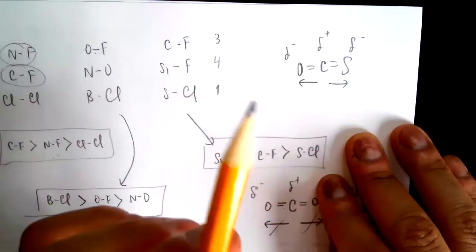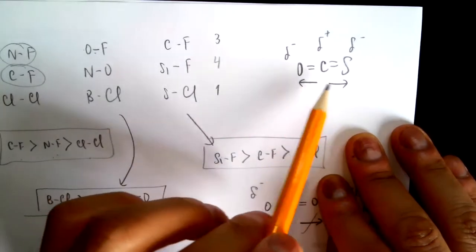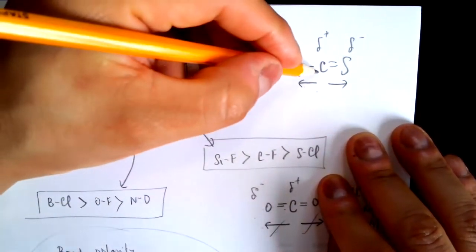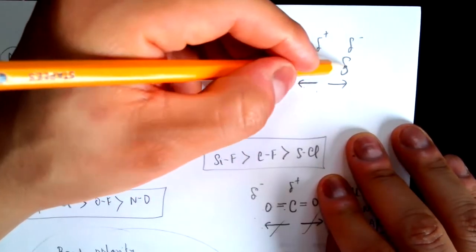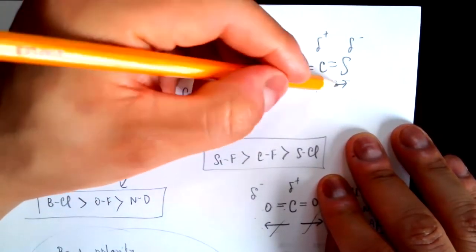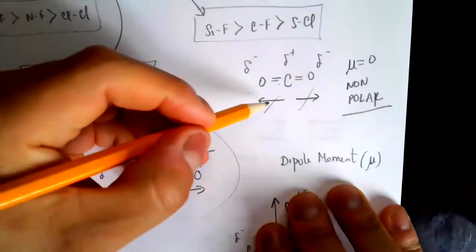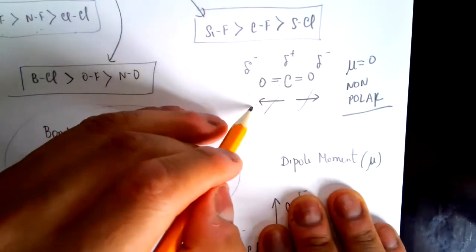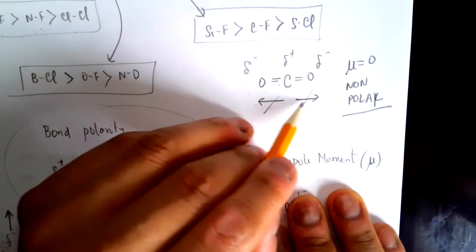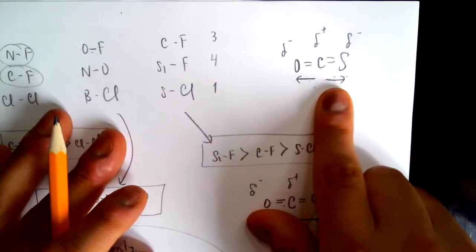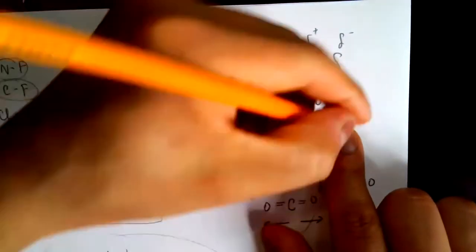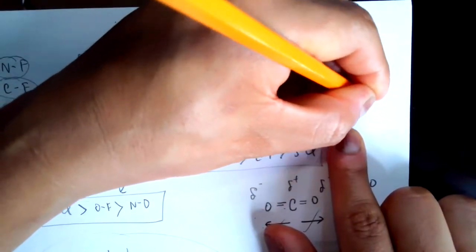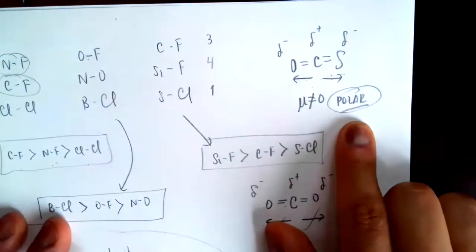They are opposite, but no, I cannot cancel these two. Why? Because this one is a C=O on the left and this one is a C=S on the right. They cannot cancel out. Here they do cancel out because this is C=O left, C=O right, so they are equally the same. That's why I can cancel them out here. So here the dipole moment is different from 0, and you will have to label this one as a polar compound.